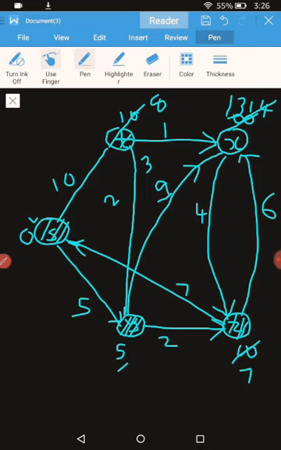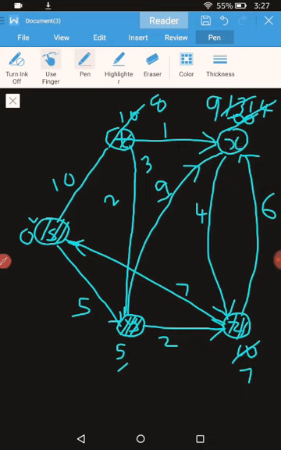T has only one adjacent unvisited vertex, x. We check whether through t we can reduce the value 13 of x. The distance of t from the source is 8, plus from t to x the distance is 1. So 8 plus 1 is 9, which is less than 13, so we put the value 9.